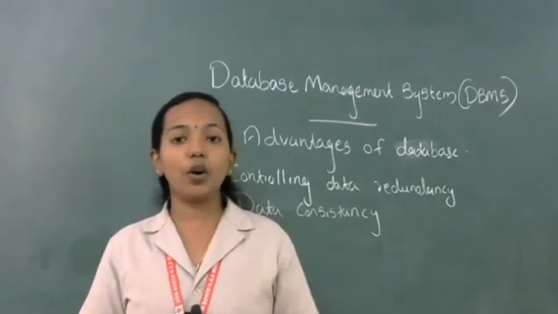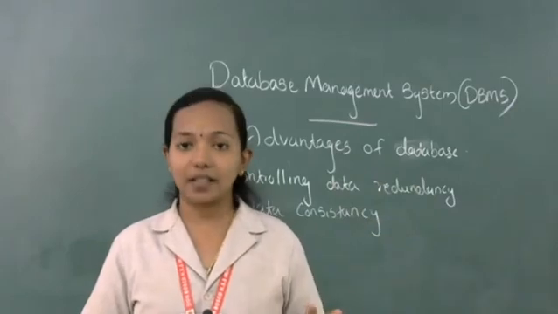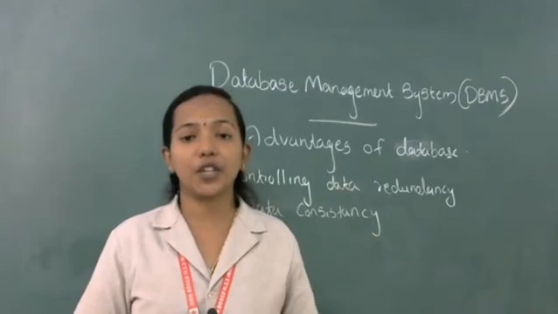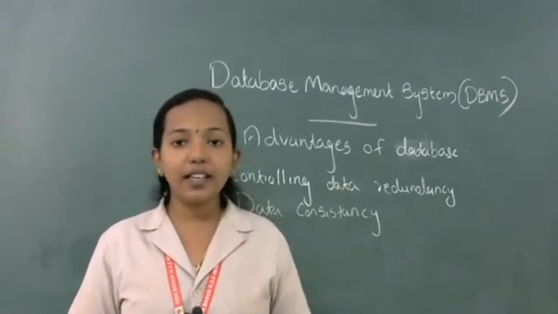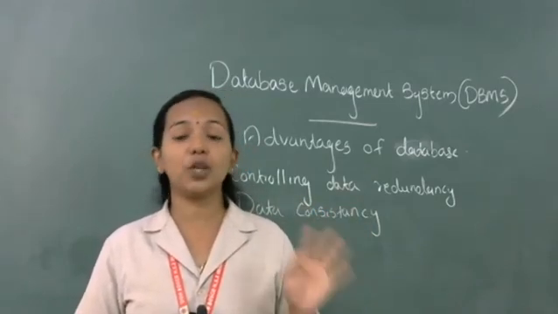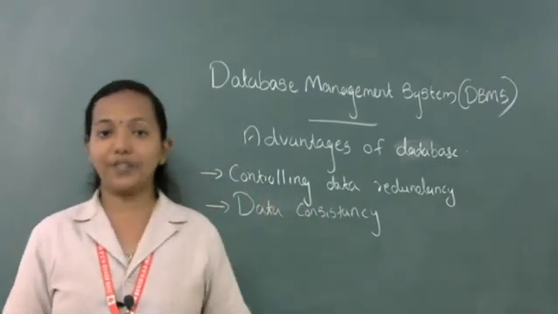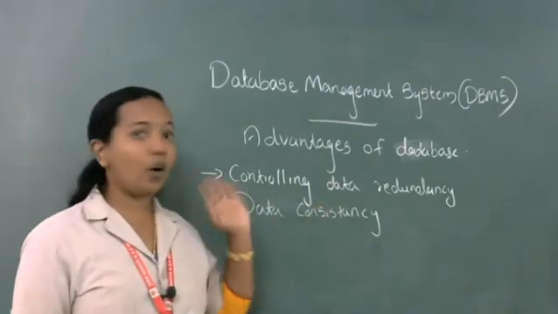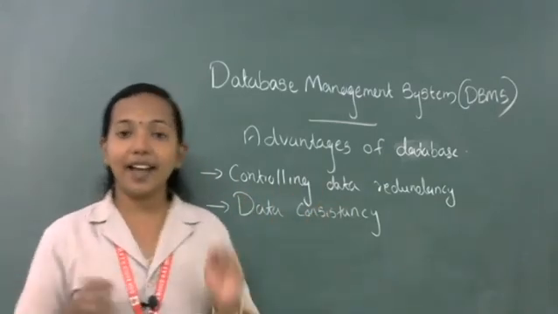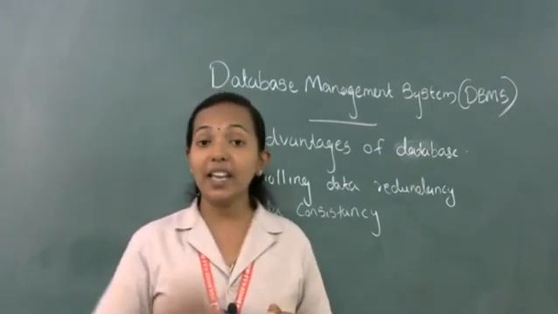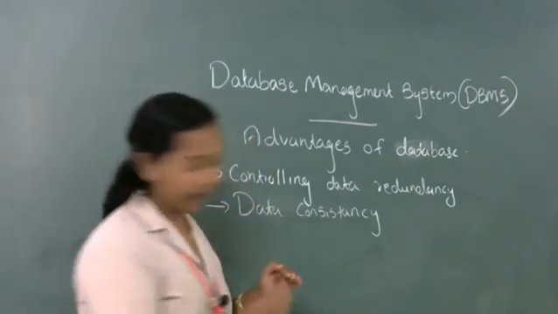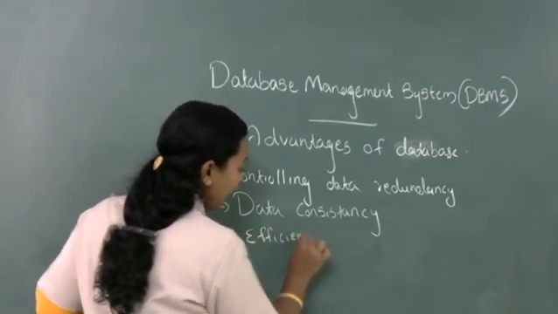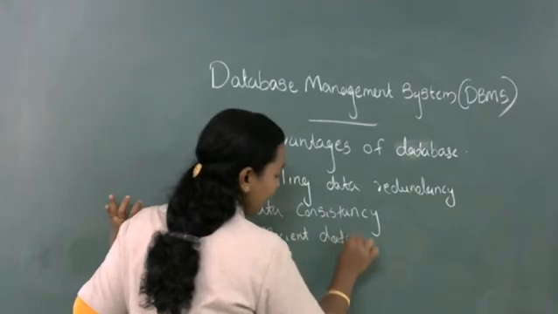The entire control of the database belongs to that person. Only that person can manage or modify the structure of the database, so they provide some kinds of security measures. That's why, by controlling data redundancy, the data present in the database will be consistent.